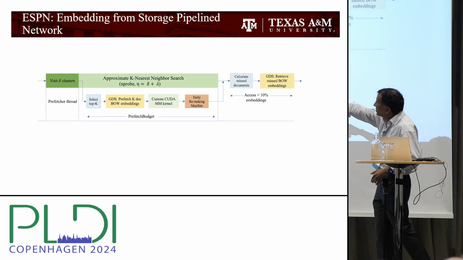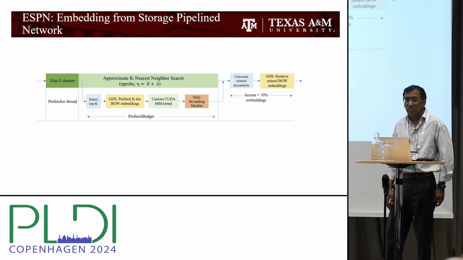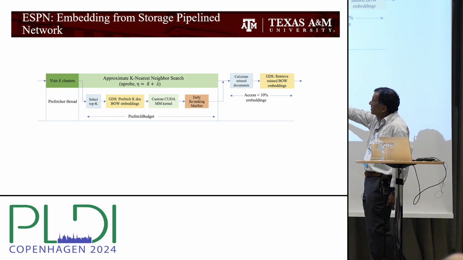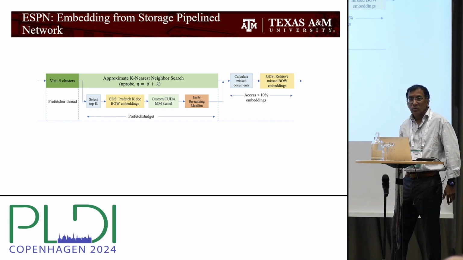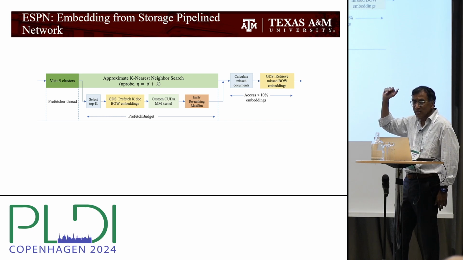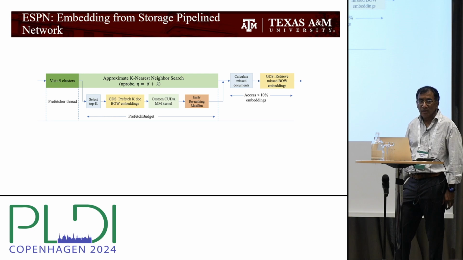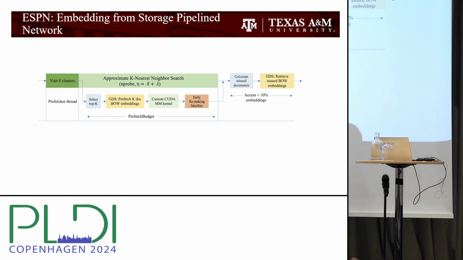So what we do, instead of visiting all of the clusters and then figuring out what to do with the documents, is break up visiting the clusters into two pieces. We visit the delta, whatever the delta number is, and then the remaining clusters, lambda, are visited in pipeline. After we visit the delta clusters, we have a set of candidates from them.